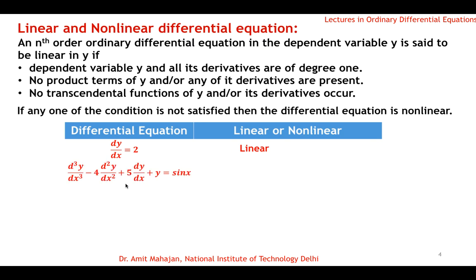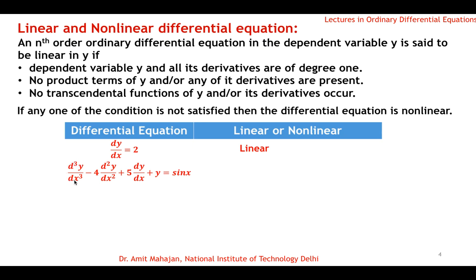So take another example, d3y by dx cube minus 4 d2y by dx square plus 5 dy by dx plus y is equal to sine x. Okay, so there is a sine function here, but this sine function is of only x, and x is the independent variable, not the dependent variable. The dependent variable is y. So the sine x function here does not impact the linearity or non-linearity, because linearity depends on the dependent variable.